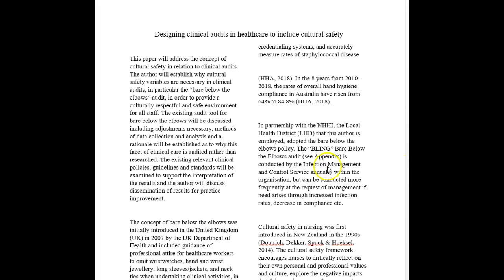So what you're being asked to do is design, like discuss why it's important to do clinical audits in healthcare. You're to provide some background to the topic. Describe and discuss methods of data collection and analysis, and include any relevant policies, guidelines, standards, that kind of thing that would assist you in interpreting the results.